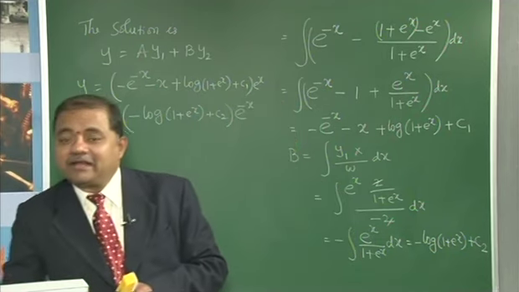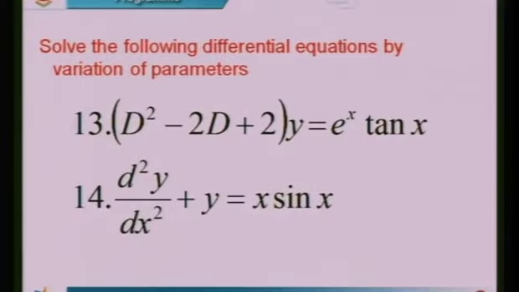So, as a final one, 2 more questions I am showing you, e power x tan x, then x sin x. You can see the clue, d square minus 2d plus 2 into y is equal to e power x tan x.